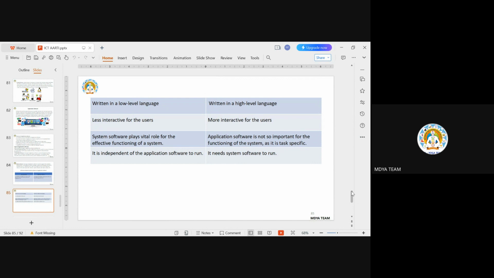System software runs without any help of application software, but without system software, application software can't run. It needs system software to run.